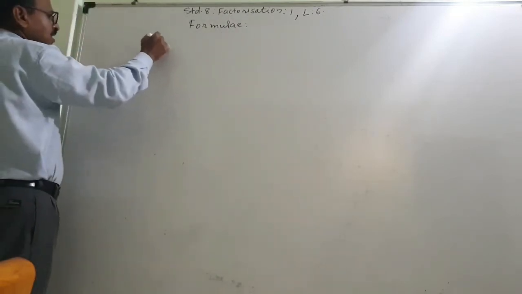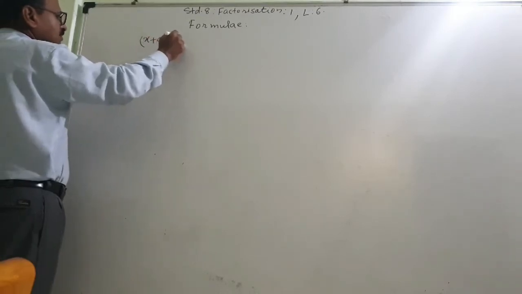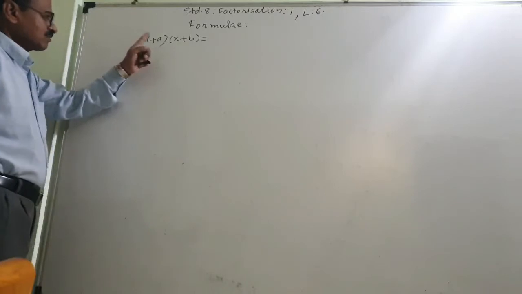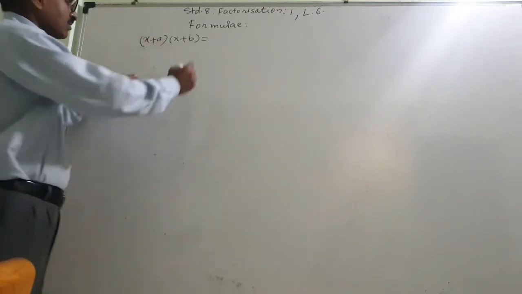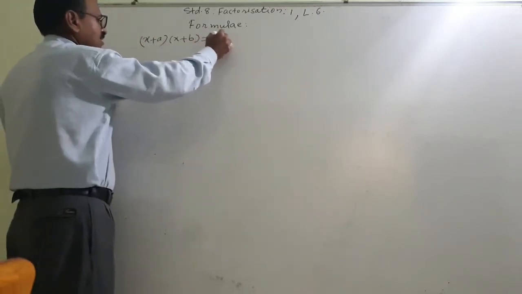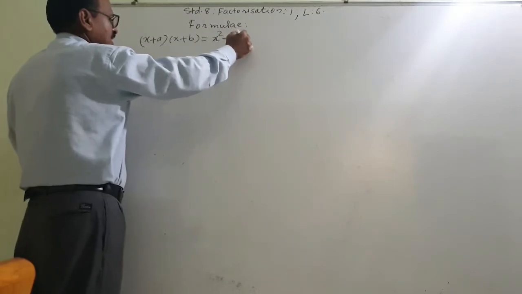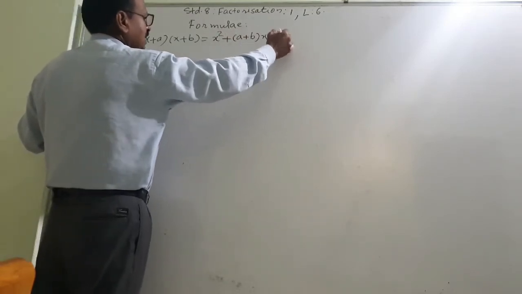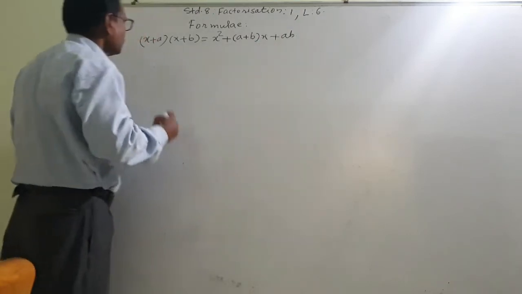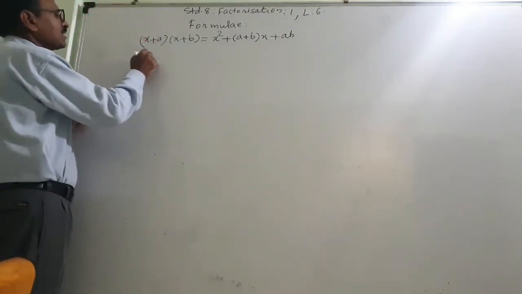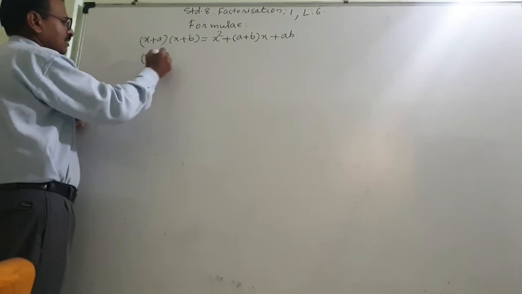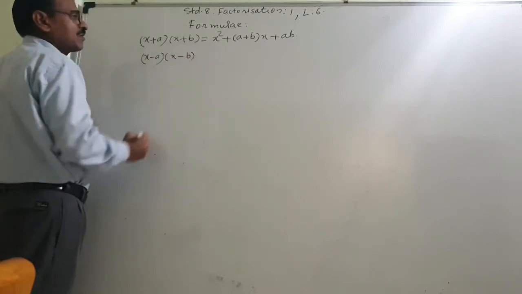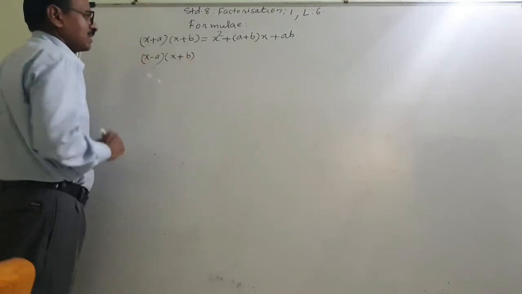(x + a)(x + b), if the first terms are same, is equal to x square plus (a + b) into x plus ab. Suppose it is like this, (x - a) into another bracket (x - b), or x plus b.